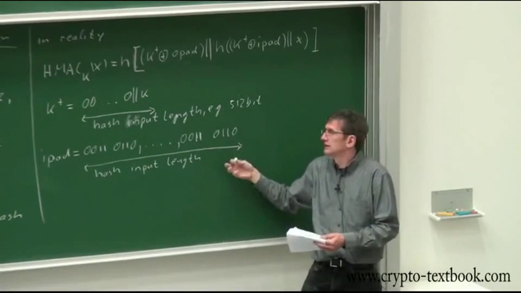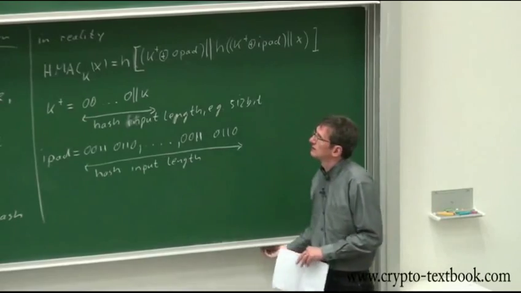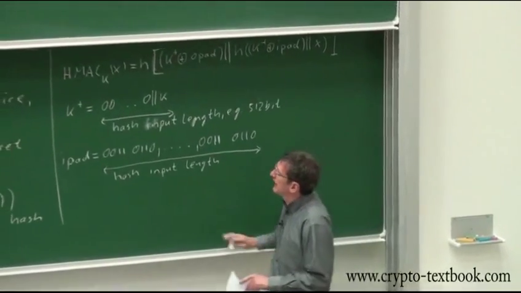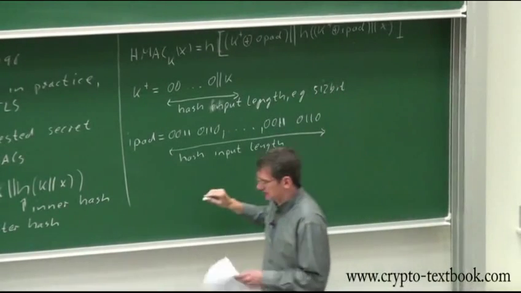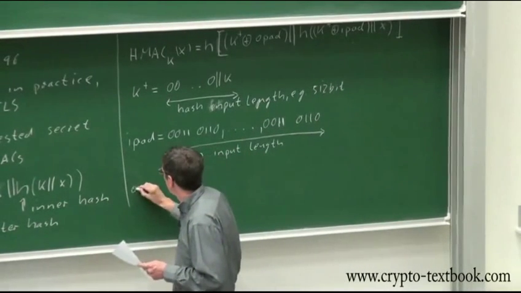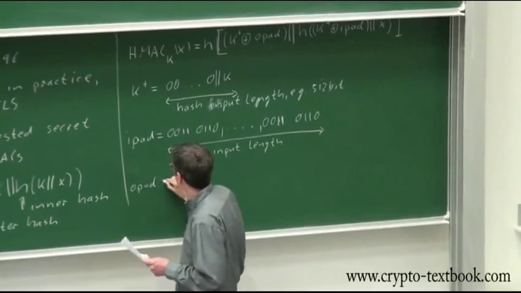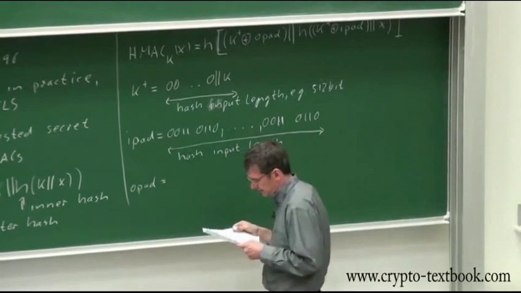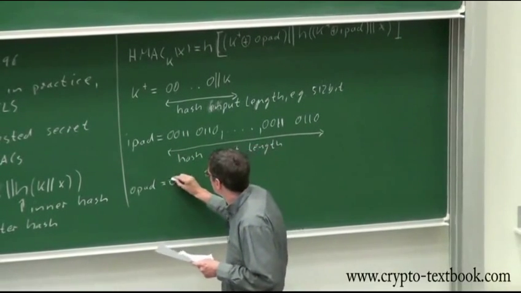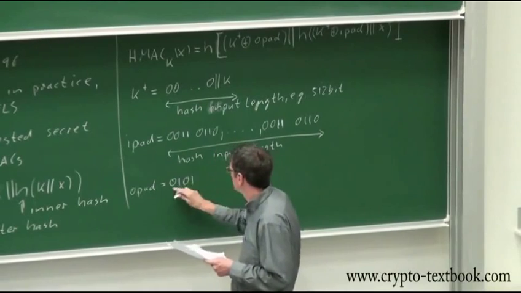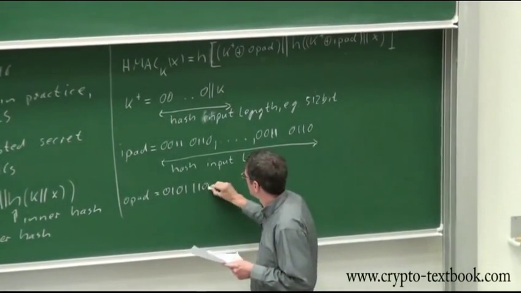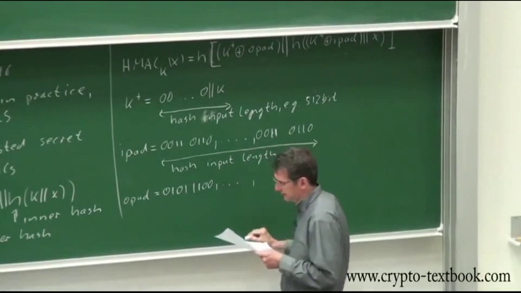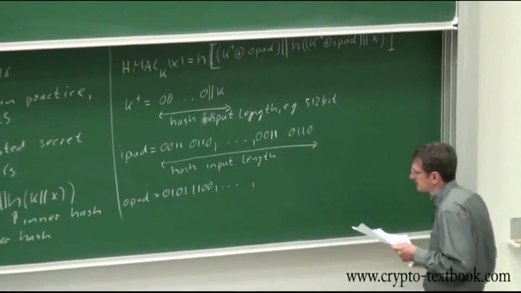You do 64 times, you input this bit pattern. And the OPAD, so this was the inner pad, and now the outer pad is a different bit pattern, but it's exactly the same thing. Is 0101, 1100, and again you repeat that, for instance, 64 times.